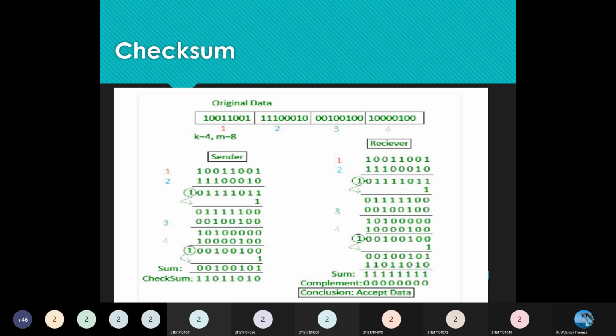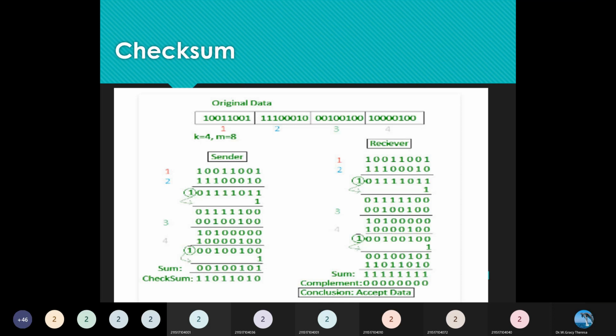So 100 11 00 is the first block, and we have all these blocks. What we do is addition: all the blocks are added using one's complement addition.